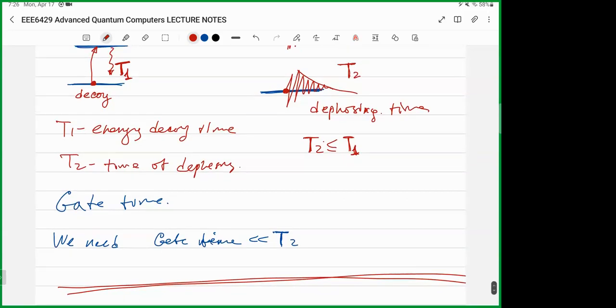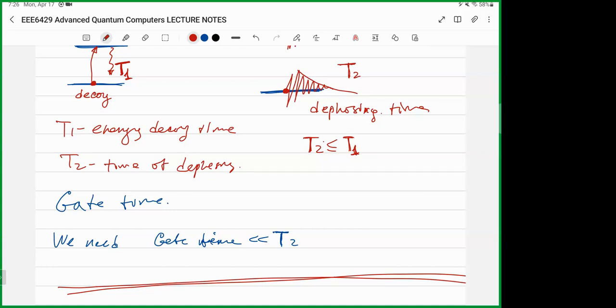And also T1 can be improved in different ways. For example, you can couple this qubit to a high quality factor resonator, which increases this T1 very much due to the interaction with the high quality factor cavity. You can make a system with large T1, but this way you can't increase T2.